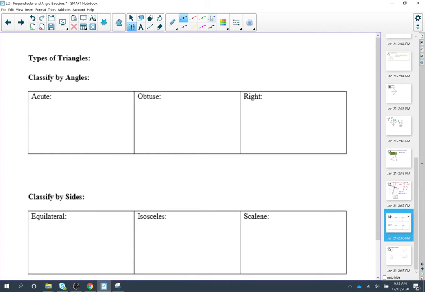So if we are classifying a triangle by its angles, we could call it an acute triangle, which means all angles, and notice I put that in capital letters, all angles are acute, meaning all of the angles in the triangle are less than 90 degrees. If it's an obtuse triangle, then one, notice I say one angle is obtuse.